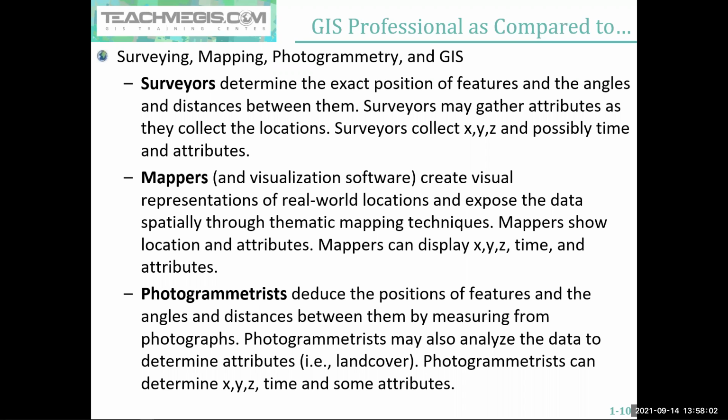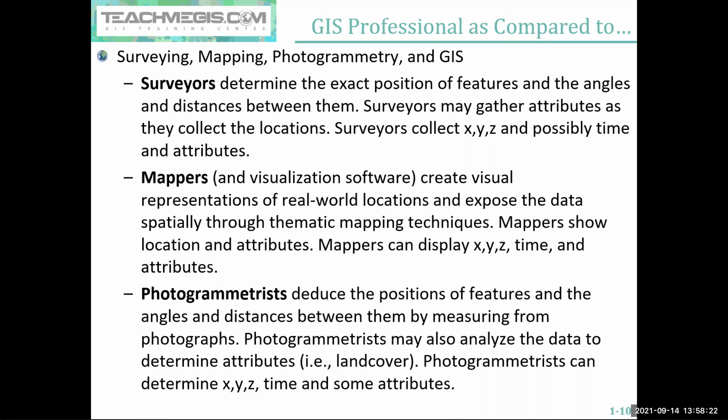So a mapper, and people using visualization software like Google Earth or Google Maps, they create visual representations of real world locations and expose that data spatially through thematic mapping techniques. A thematic map, by the way, that's a term you need to know for the exam.